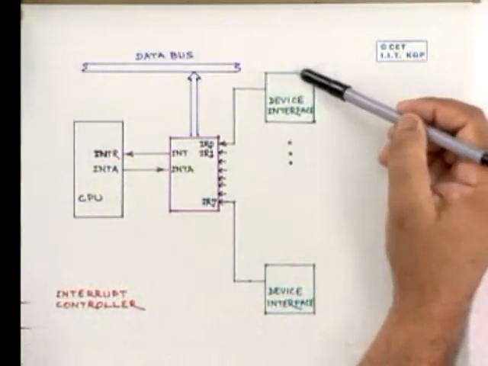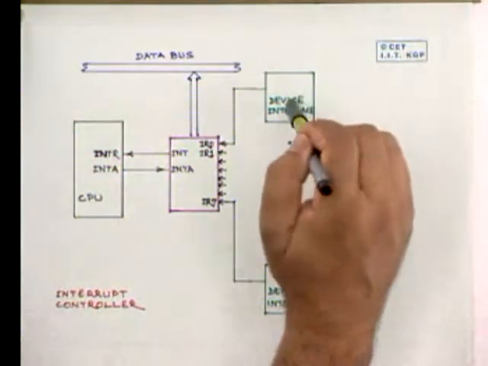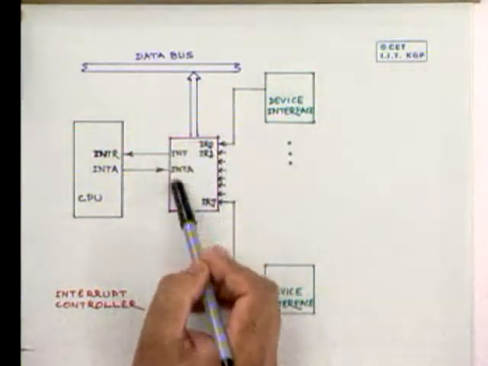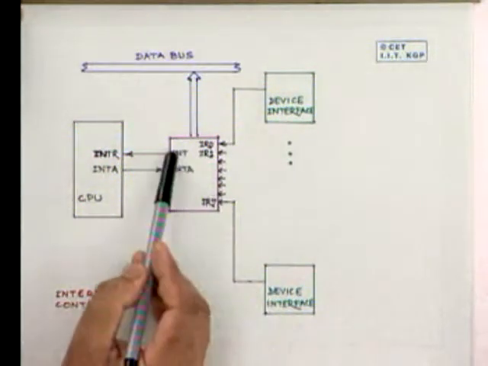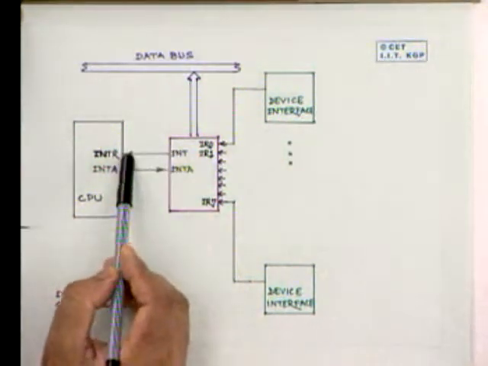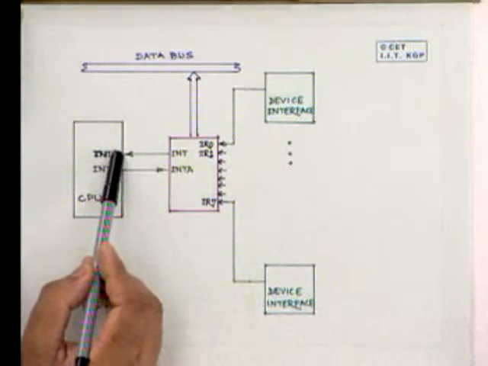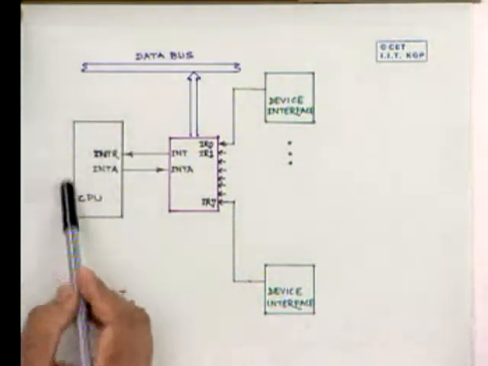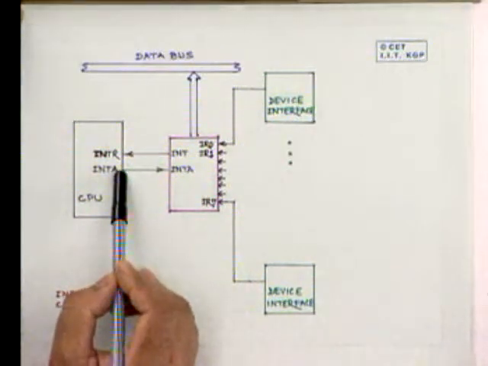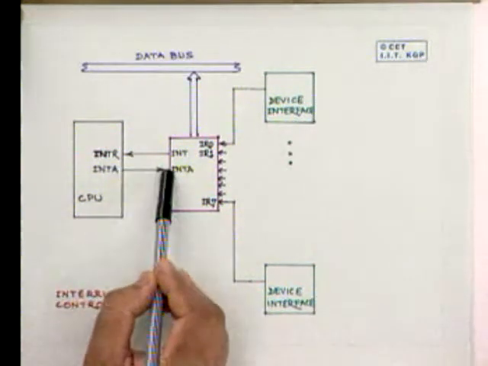Let me repeat. This particular device wants to interrupt, it puts this line high. On getting this line high, the interrupt controller puts this line active. On seeing this line active, if the CPU can accept that interrupt, on execution of the present instruction cycle, interrupt acknowledge is sent.